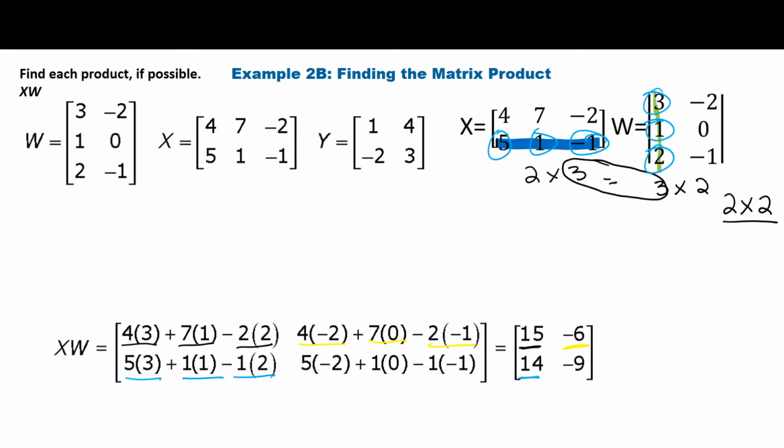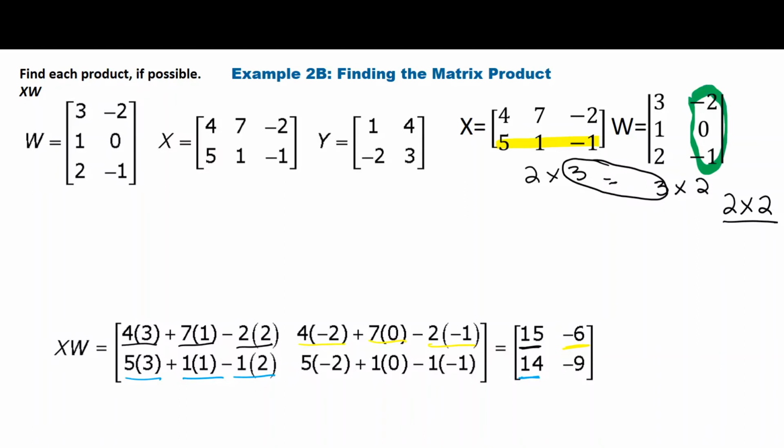All right, and now all we have to do is our last one. Again, the first matrix is going to deal with our rows. The second matrix is going to deal with our columns.